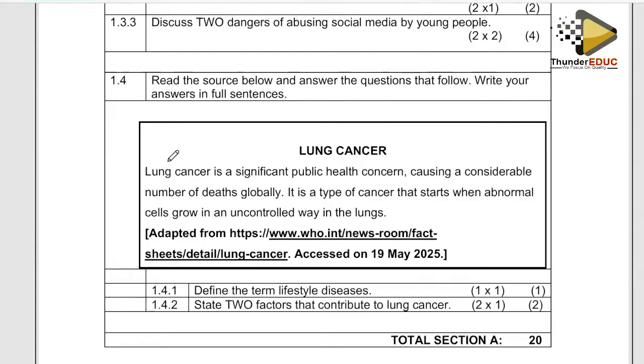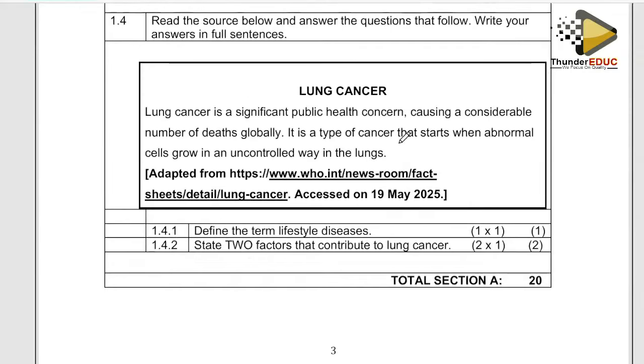So lung cancer is a significant public health concern causing a considerable number of deaths globally. It is a type of cancer that starts when abnormal cells grow in an uncontrolled way in the lungs. So 1.4.1 says, define the term lifestyle disease.